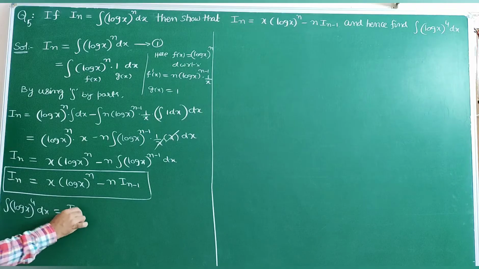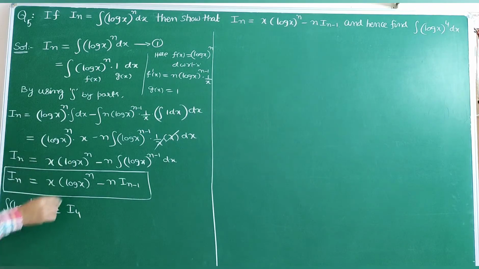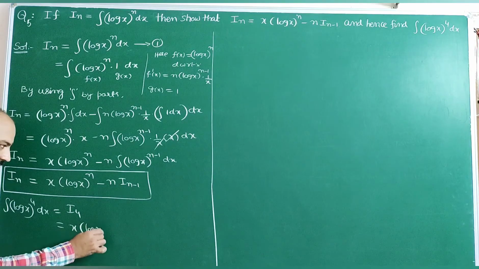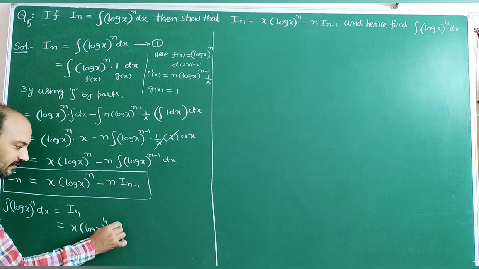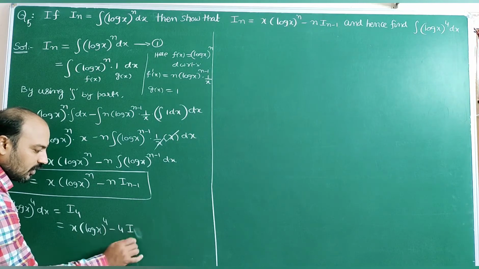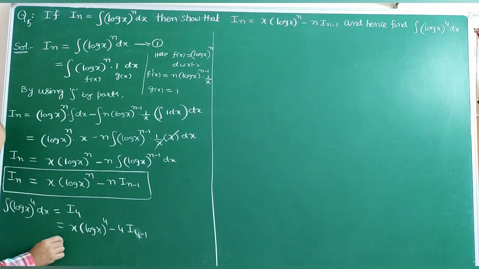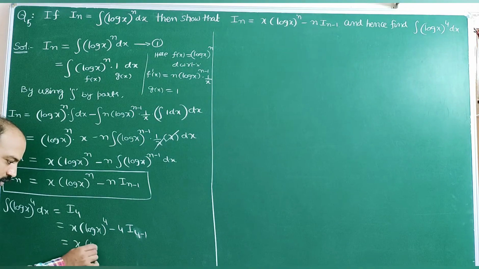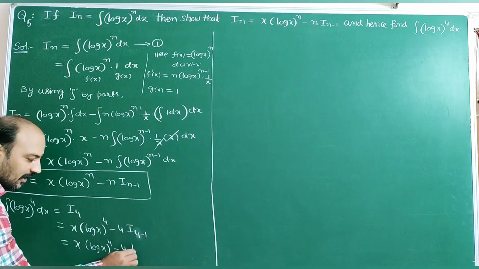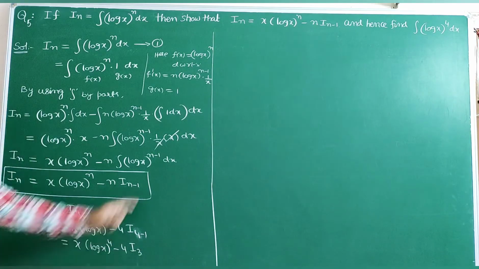that means I4. In place of n substitute 4, which is equal to x into (log x) whole power 4 minus n value 4 into I4 minus 1. That only, write it better. So it becomes x into (log x) whole power 4 minus 4 into I3. This will continue here.